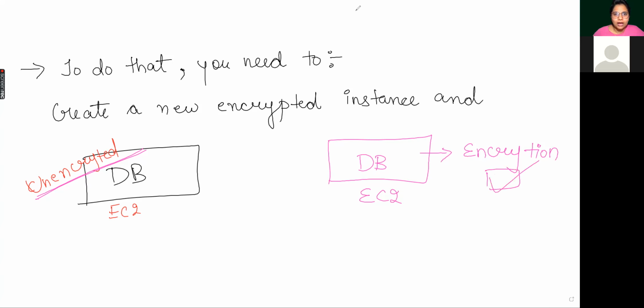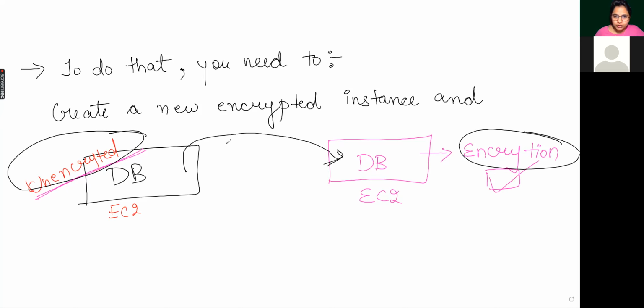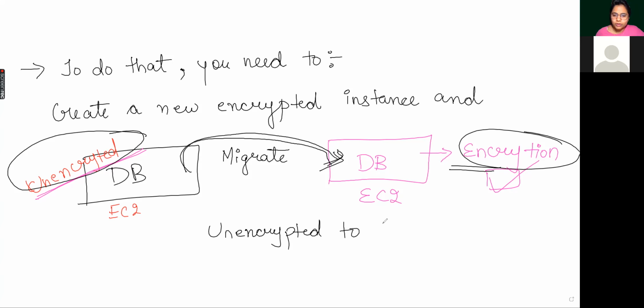So what's the difference between the two data sets? This is the unencrypted data set, this is the encrypted data set. Now you can merge all the data inside this database into this database. This is known as migration. So you can easily migrate all the data from the unencrypted database to the encrypted one.